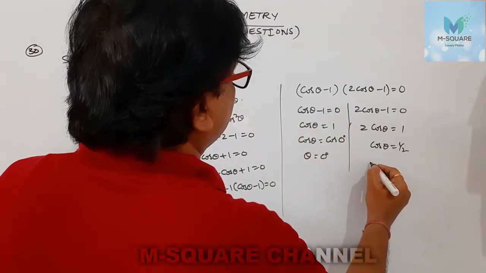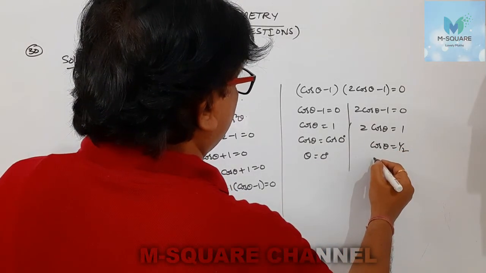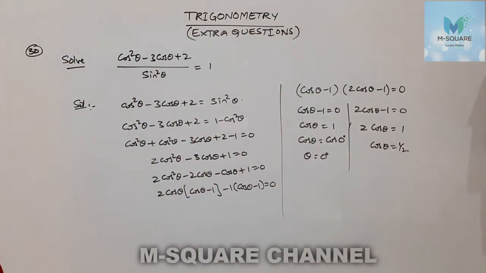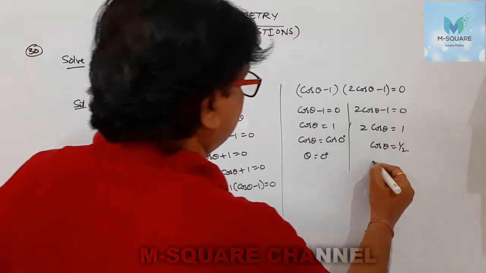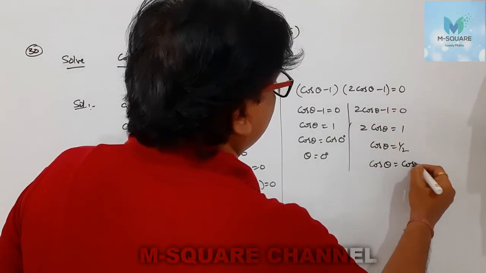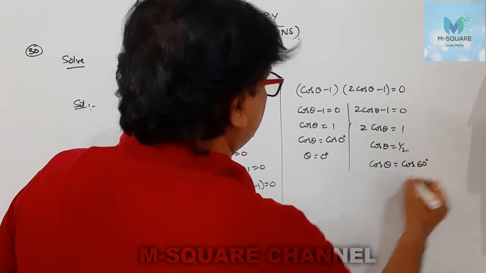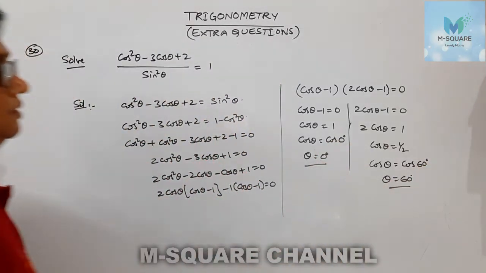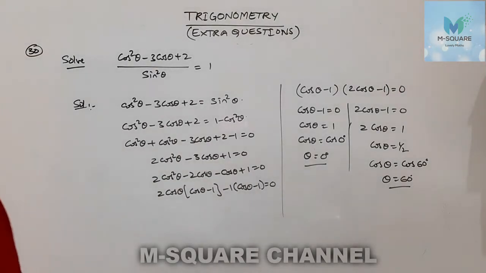Now cos 60 degrees is half, so theta equal to 60 degrees.